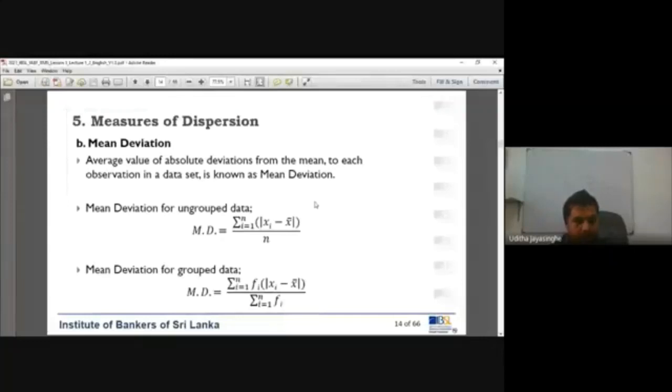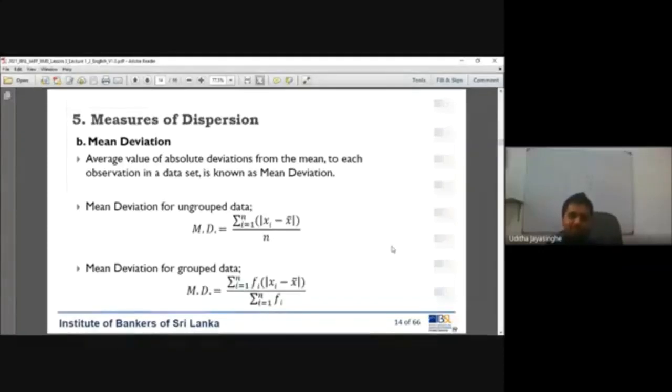Forget about this grouped data for a moment. Grouped data we discussed in the second lecture. Once again, I'll reiterate: every time there's an equation for grouped and ungrouped data, I will define two equations for you to be comfortable. The only difference you will see in these equations is that instead of this simple n, you will have the simple f, which denotes the frequency of a particular group item.